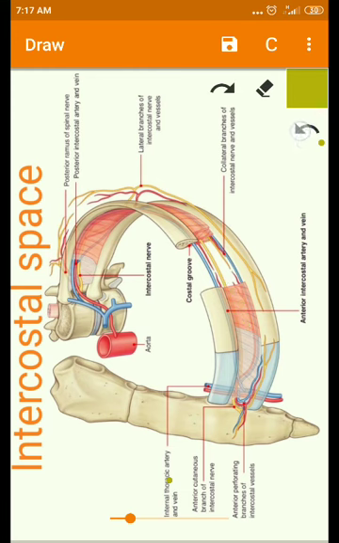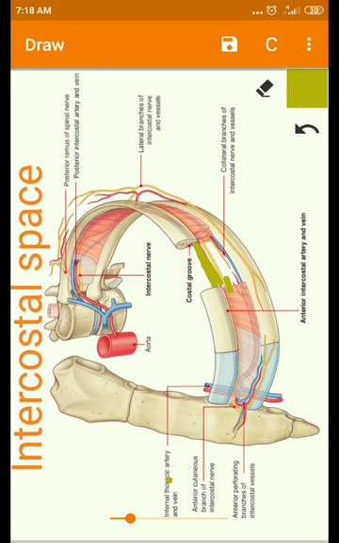Coming to the vessels, they include intercostal veins and intercostal arteries. In the intercostal space, the vein is present first, next to the vein an artery is present, and after that the nerve is present.